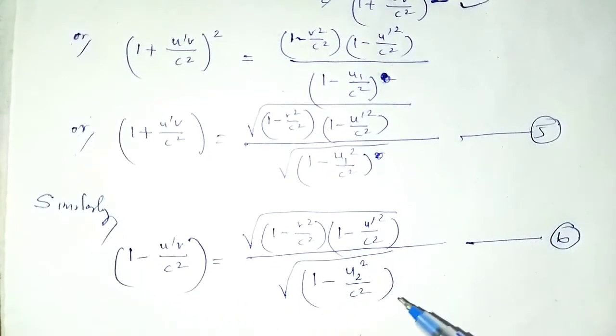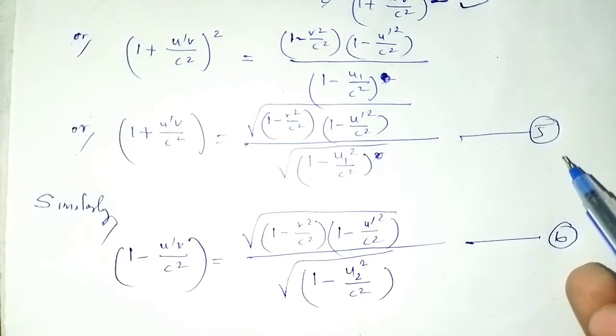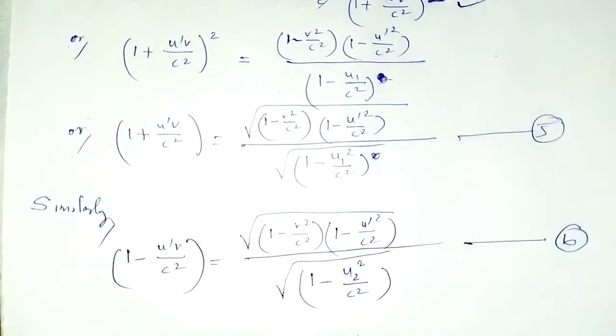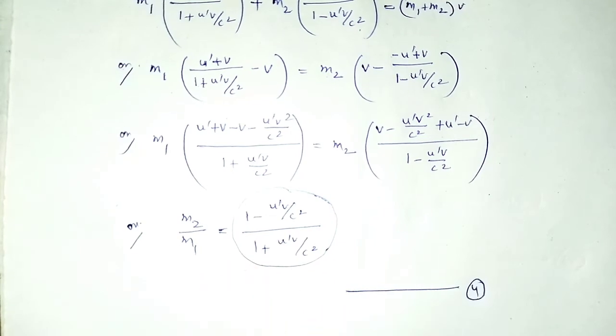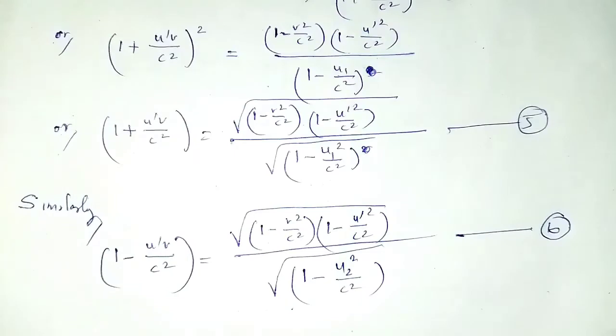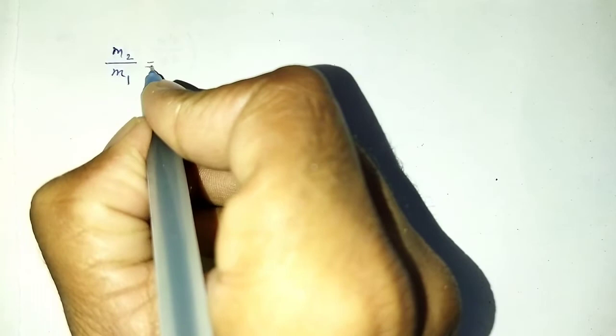Therefore, putting the values of 5 and 6 in equation 4, we have m2 by m1. Now m2 by m1 will be how much?